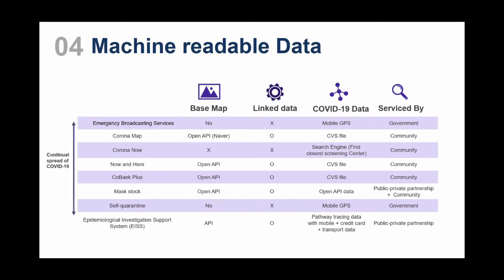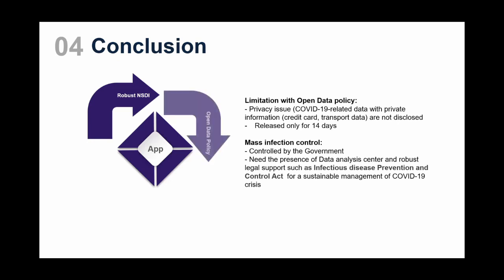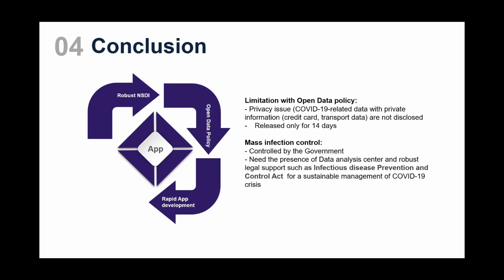So I'd like to conclude by saying that because we had a robust NSDI and open data policy, we could rapidly develop different COVID-19 related apps and ultimately have a good impact at the community level.